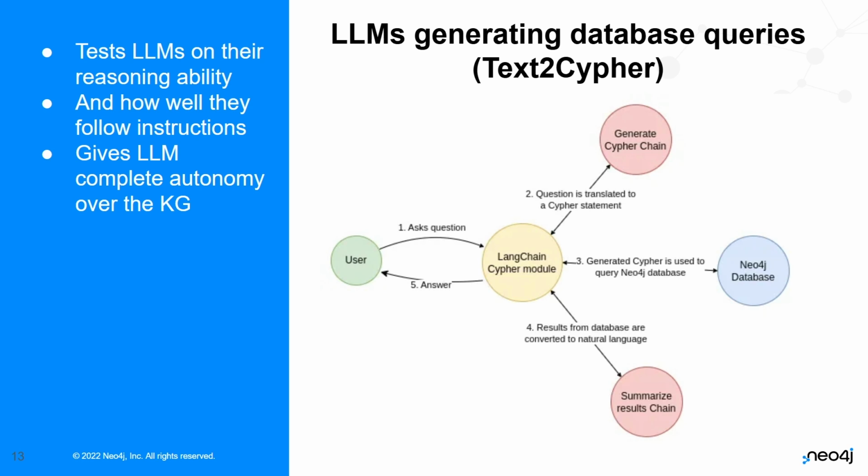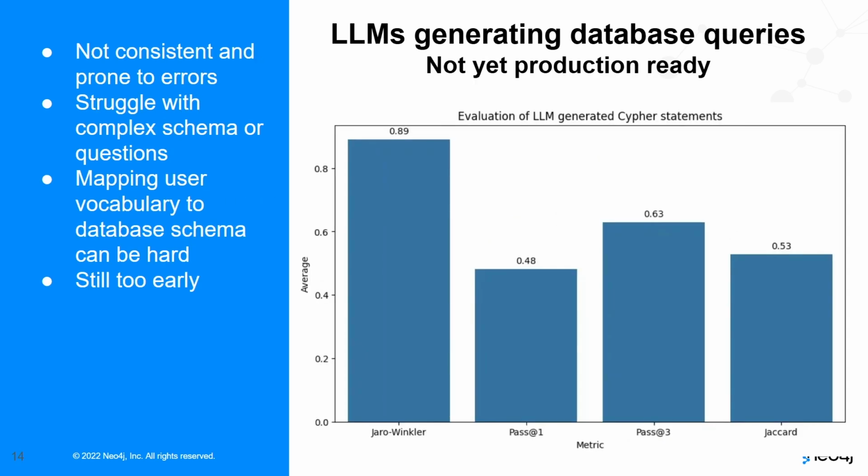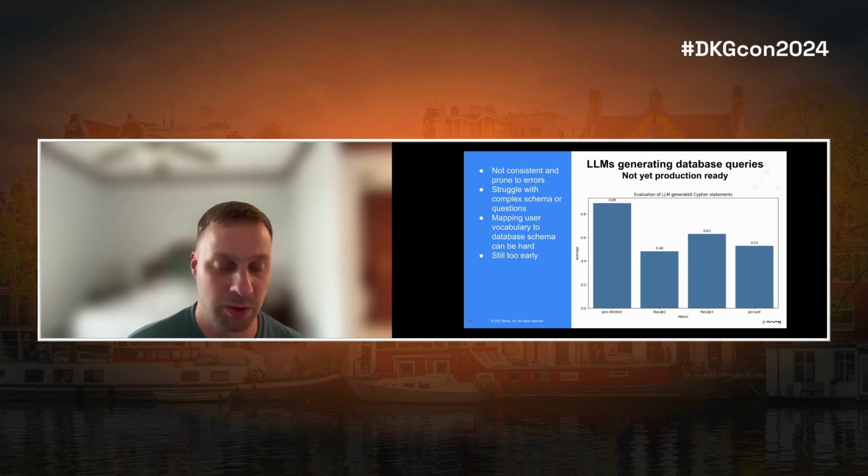But as it turned out, while generating database queries works for demos and for simple schemas with educated users who know what's in the database, it doesn't really work in production because there's a whole lot of problems to go, and LLMs aren't there yet in the reasoning capabilities of how to translate a user question to a database query, right?